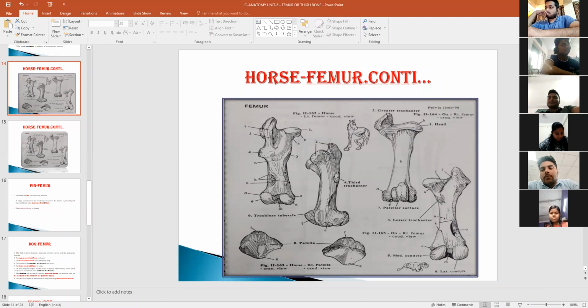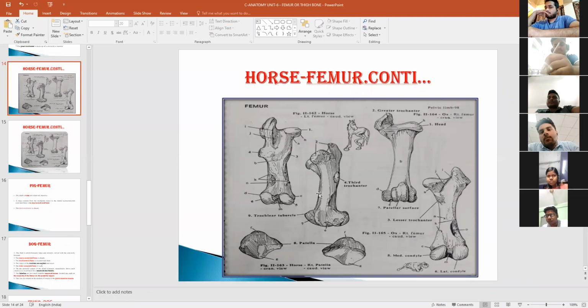These muscles are... Quadriceps femoris. My question is that the posterior surface of the femur, this is the anterior surface and this is the posterior surface. The posterior surface of the femur comes in contact with muscles. These muscles.